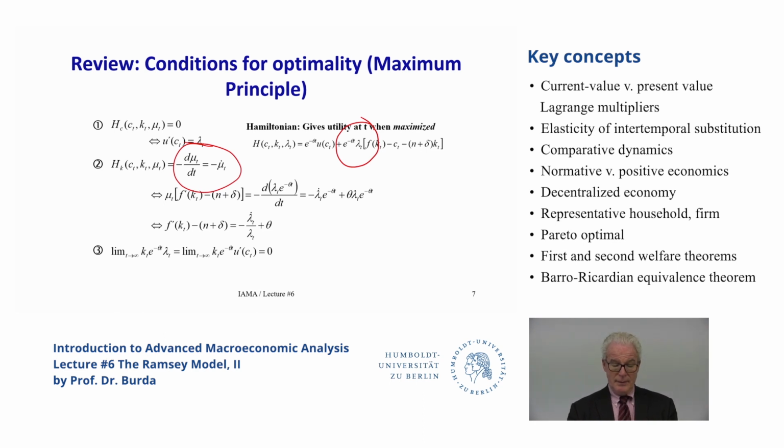And then we get the fourth line of this slide, which says that the marginal product with respect to capital in period t is going to be related to the population growth rate, the depreciation rate, the impatience of the central planner, and a term related to the capital gain involved from the perspective of the central planner, the capital gain meaning the change in the valuation of having capital in period t.